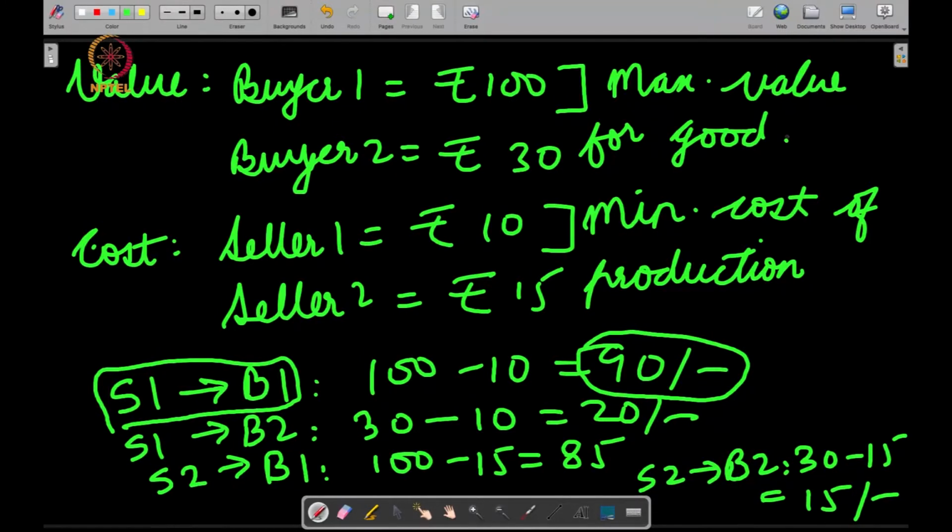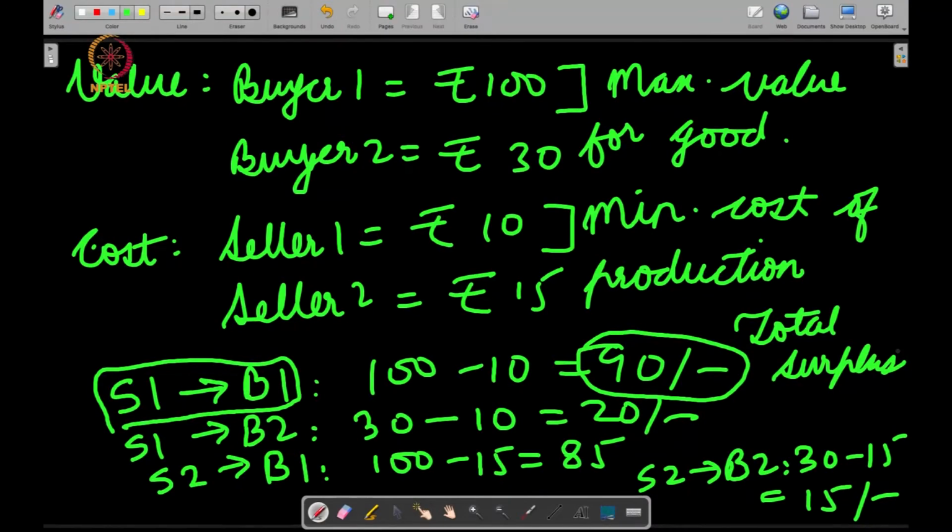So in this situation, the total surplus of the buyer and the seller together is maximized to 90 rupees. In other cases, the total surplus is just 20 rupees or 85 rupees or 15 rupees.